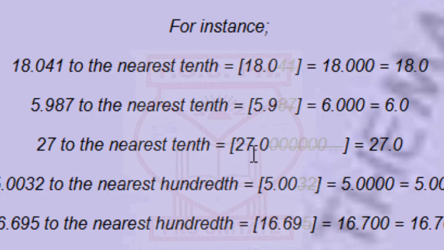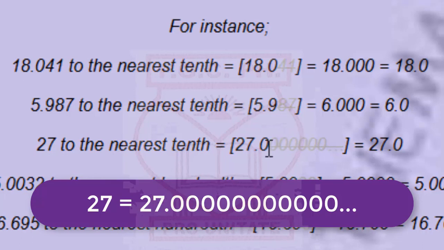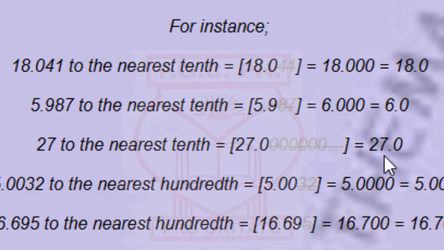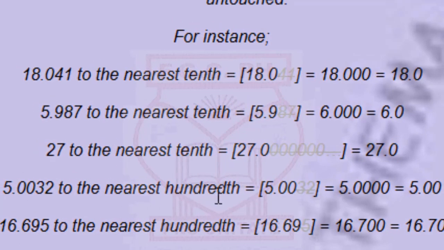However, if you want to approximate 27 to the nearest tenth, you realize that you need to knock all of the zeros off except the one in the 10th place, and so you got 27.0.